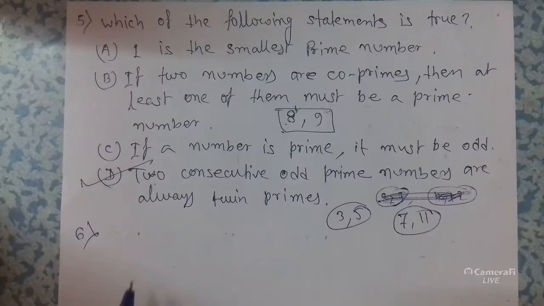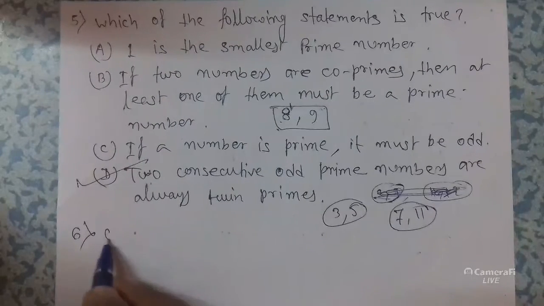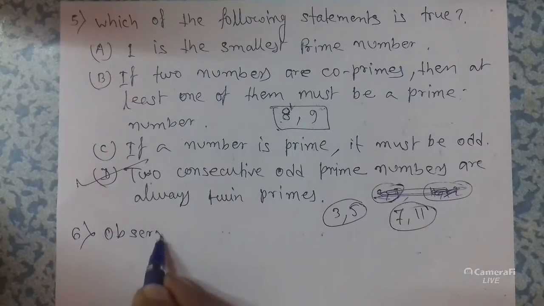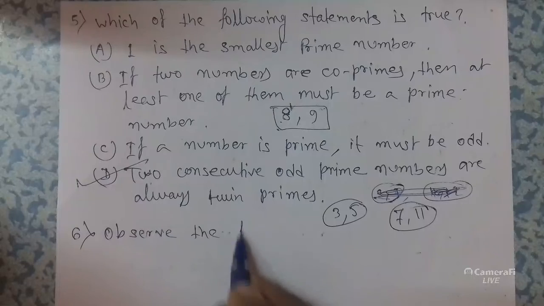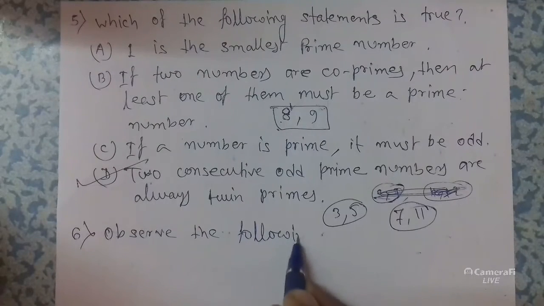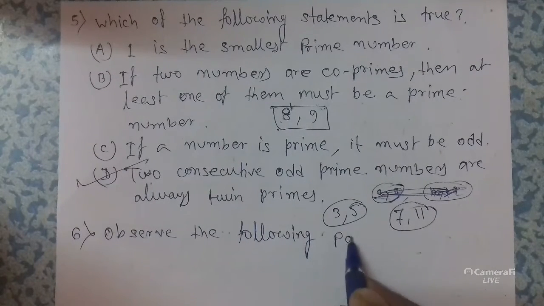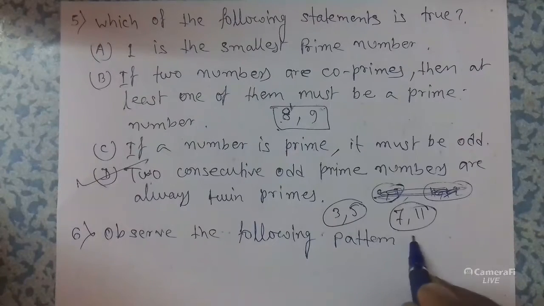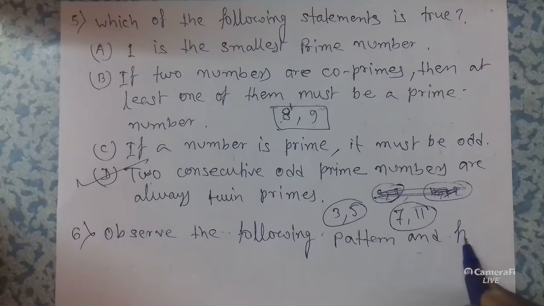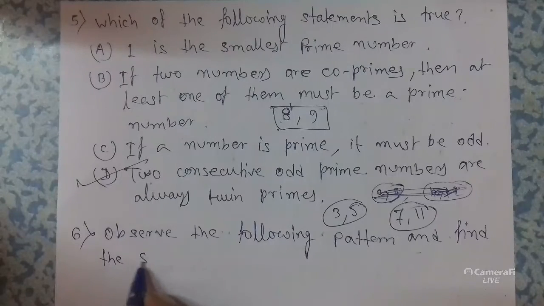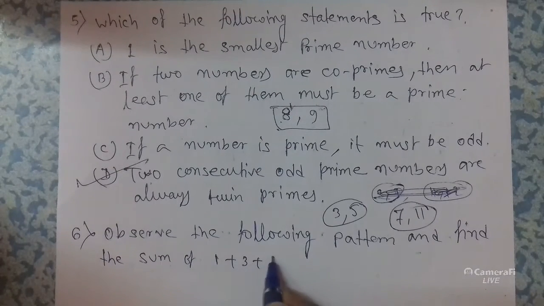Observe the following pattern. I am going to draw one pattern. Observe the following pattern and find the sum of 1 plus 3 plus 5 plus 7 plus 9 plus dot dot plus 19.